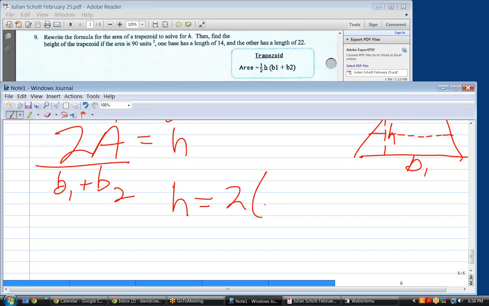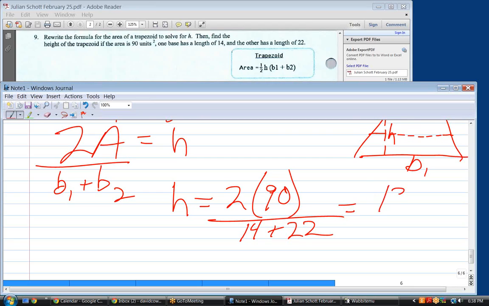Alright, so 180? Well, let's write it like this first, because you keep wanting to forget that 2. So it's better if we write it like this, and then we'll simplify. And now I can write 14 plus 22, and notice that I don't care which base is which, because the other way to write it would be 22 plus 14.